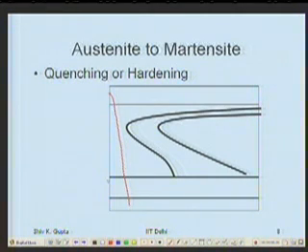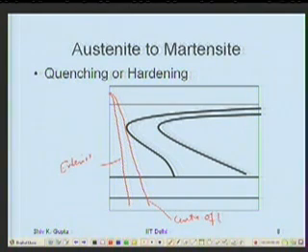The interior of the steel will not cool at this rate. If I want to transform the interior also to martensite, the interior should also be fast enough not to cross the nose of the C curve. So this is the exterior of the steel and this is probably the center of the steel. Then I am sure that it's going to be all martensite.